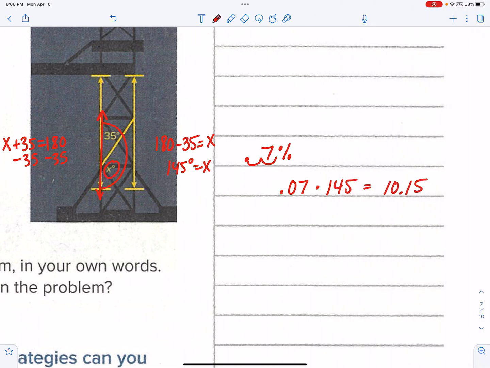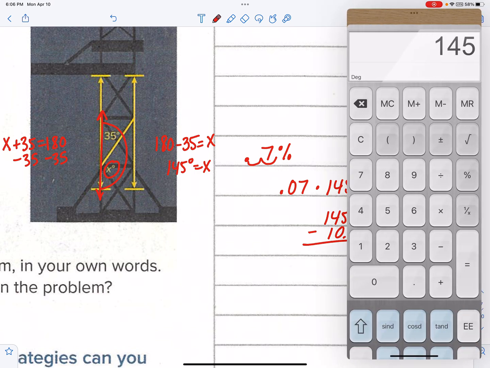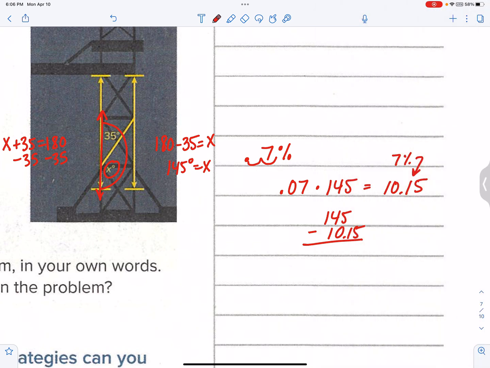Okay, so we need to go ahead and take that 7% less. So we'll take our 145 minus 10.15, and we get 134.85 degrees.